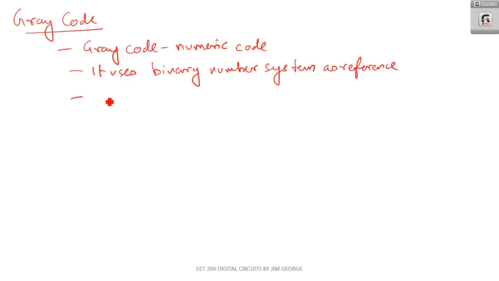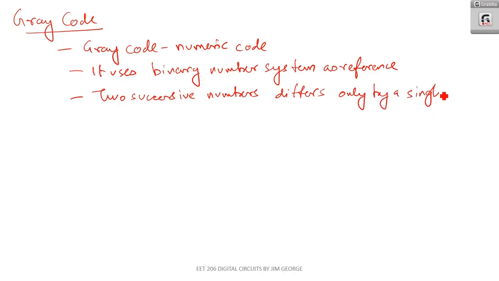Now, in gray code, two successive numbers differ only by a single bit. Okay. So these three are the definitions of gray code. Gray code is a numeric code which uses binary number system as reference. And if two successive numbers are there, it differs only by a single bit.